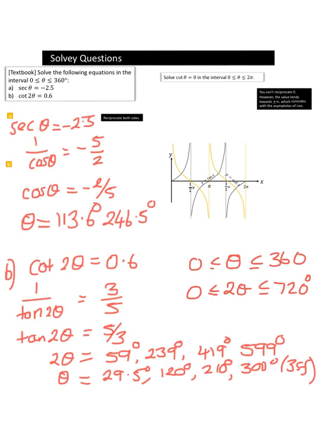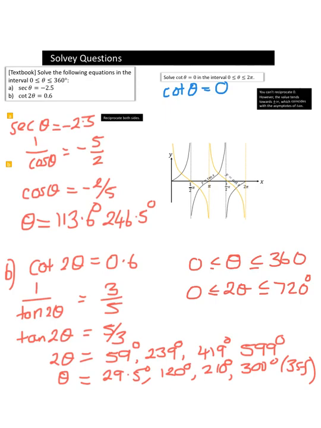Now our last question here: solve cot theta equals 0 in the interval where theta is greater than or equal to 0 but less than or equal to 2 pi. So we're working in radians here. So let's write down cot theta is equal to 0.